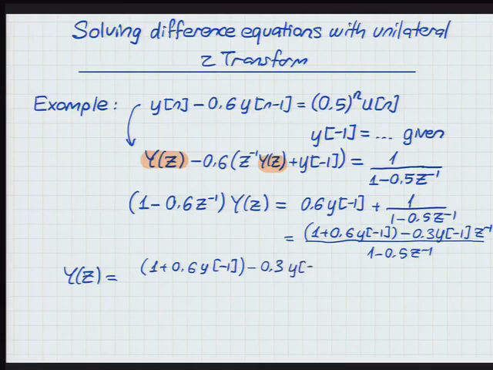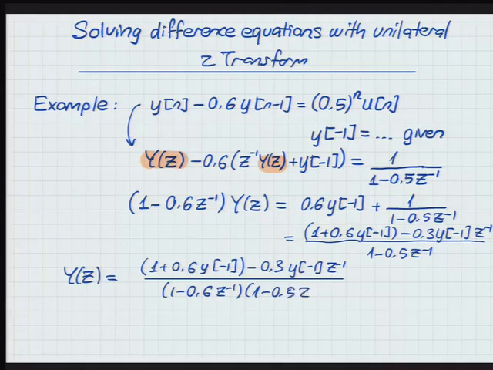So the role of the initial condition is explicit. All right, so that is what I have: over 1 minus 0.6 z inverse, times 1 minus 0.5 z inverse.